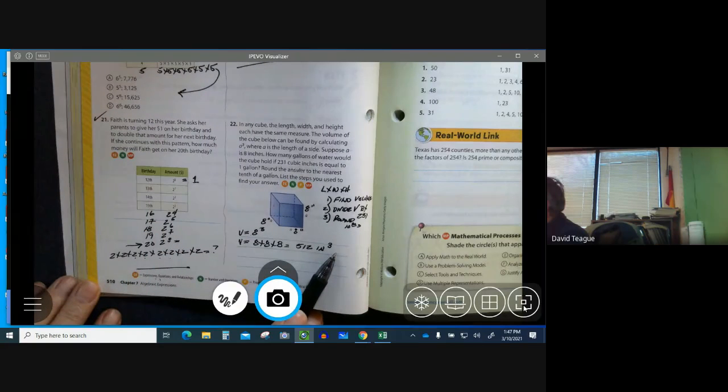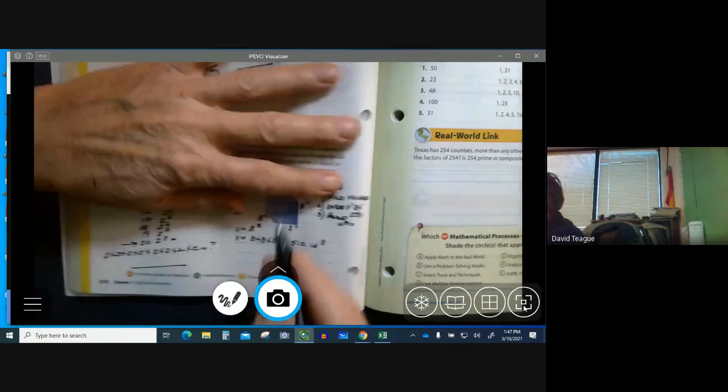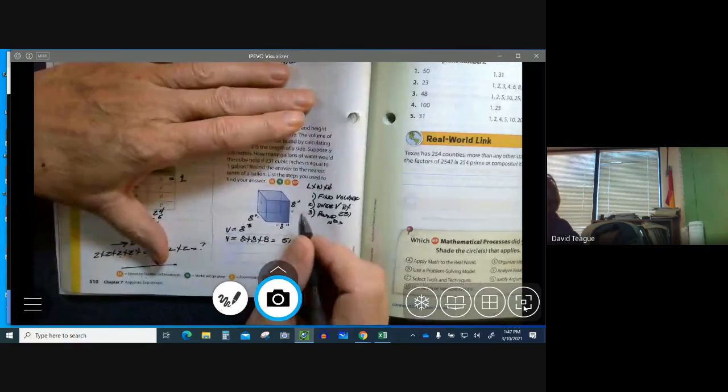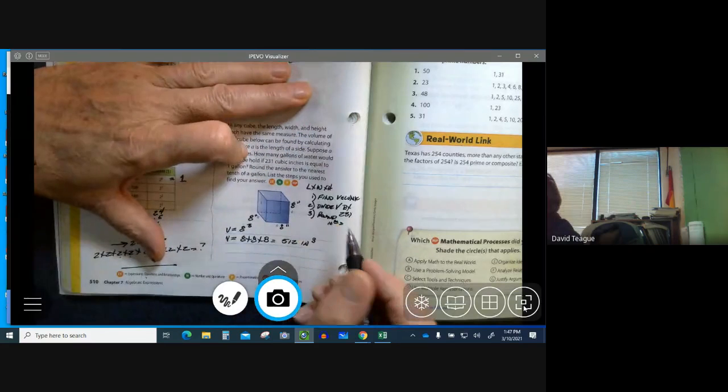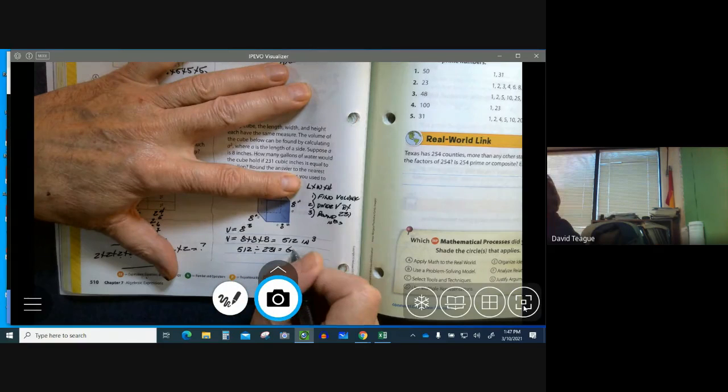But now we have to divide 512 by 231 to find out how many gallons we have. So now we're going to take 512 divided by 231 to get gallons.